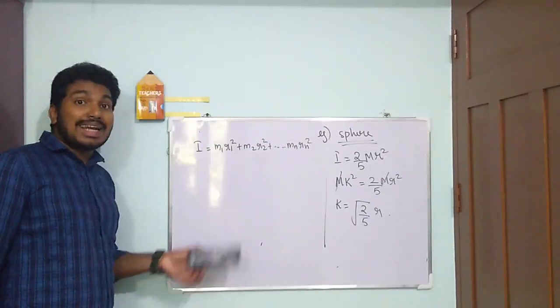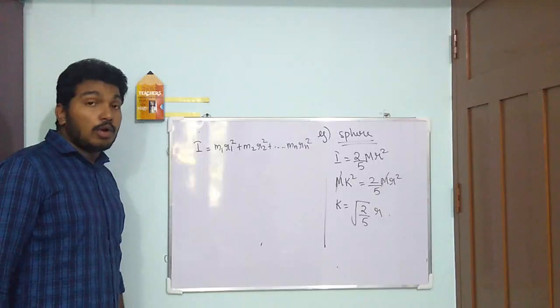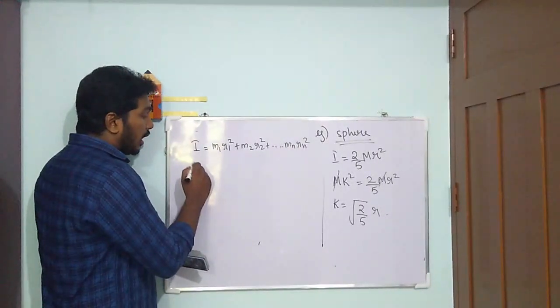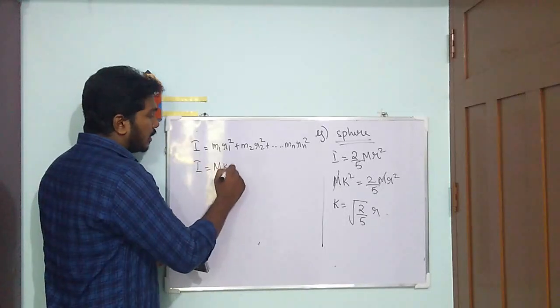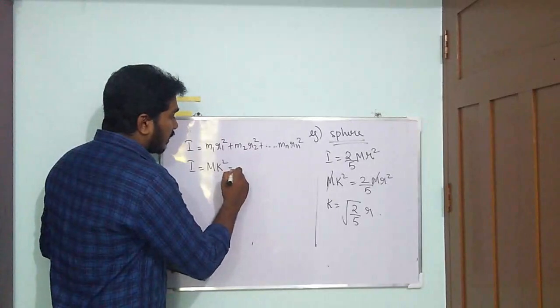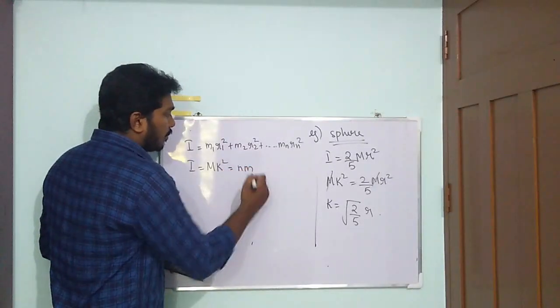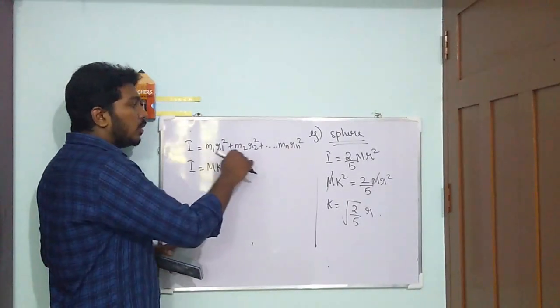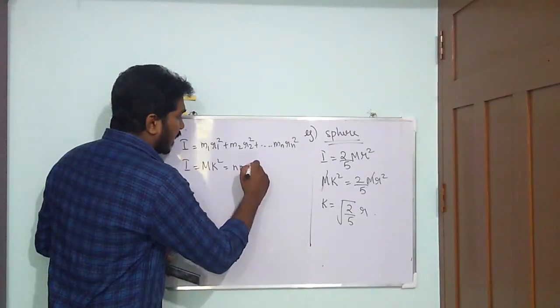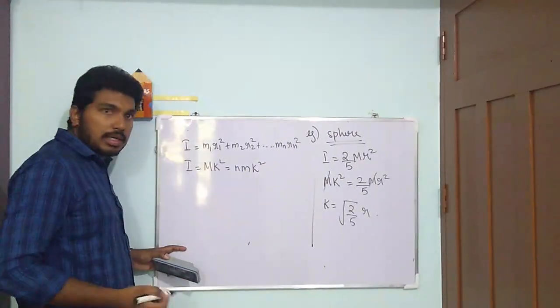Now suppose you want to find the radius of gyration of that system. I is equal to MK square, where this M is the total mass, which we can write as n into m if m1 equals m2 equals etc. till mn. So this is n m K square.